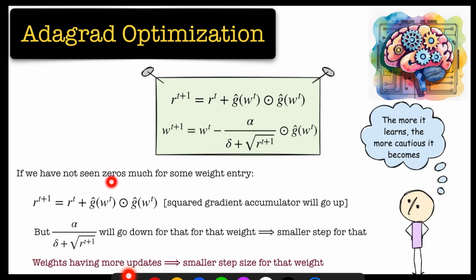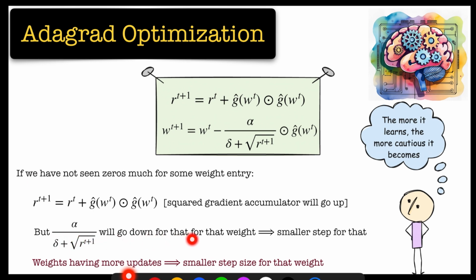Now if we have not seen zeros much for some weight entry, meaning non-sparse elements, this squared gradient accumulator will go up. Then alpha over delta plus square root of RT plus 1 will go down because we are dividing by this.